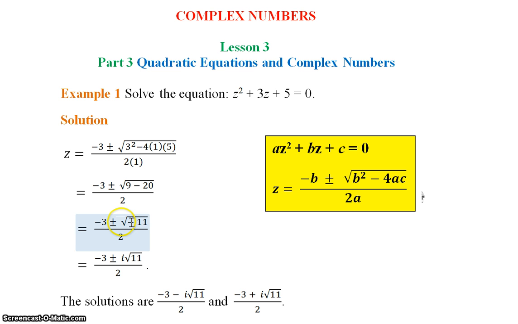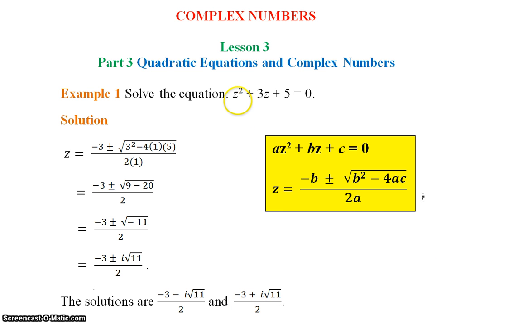But instead of square root of negative 11, we can write i square root of 11, because square root of negative 1 is i. And we have got the general solution of our quadratic equation. So this equation has two complex roots, minus 3 minus i square root of 11 over 2 and minus 3 plus i square root of 11 over 2.